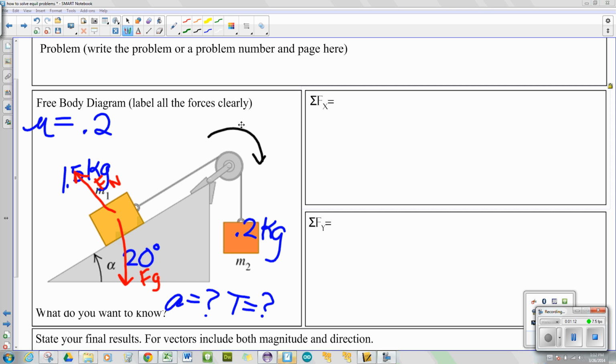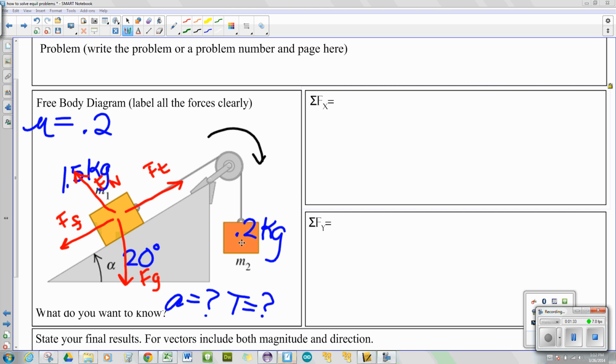My hypothesis is that the system is going to move to the right, so resisting the motion will be the force of friction, and then the force of tension in the direction of the rope. That's one free body diagram.